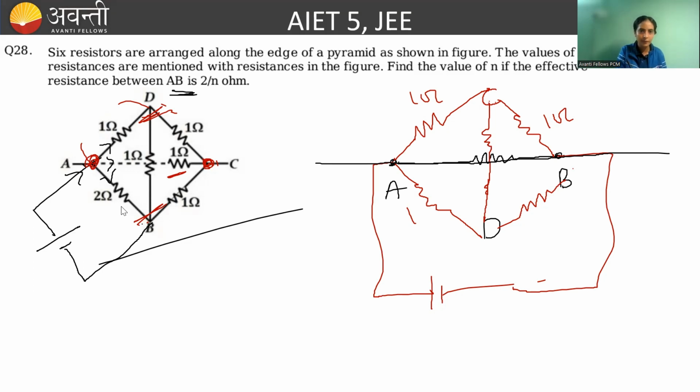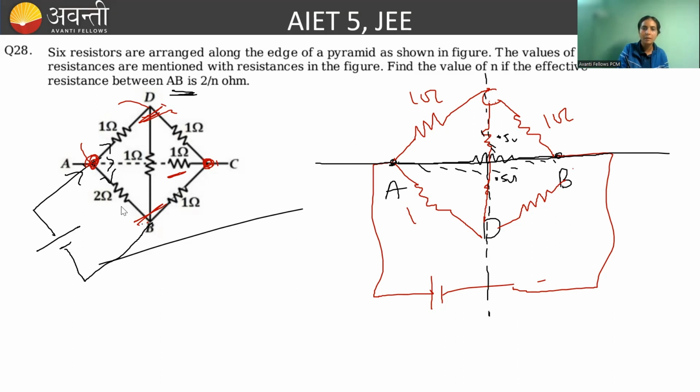And symmetry exists along this line. It seems like if this is a mirror, then the right side of the mirror and the left side of the mirror have the same thing, because this 1 ohm also you can take as 0.5 ohm this side and 0.5 ohm this side. So if this is the horizontal line of symmetry, the middle line will be the vertical line of symmetry.